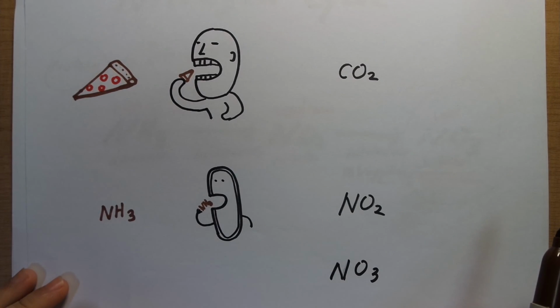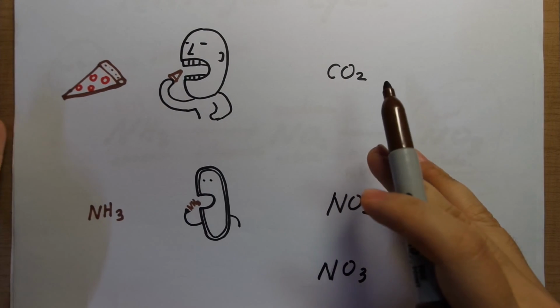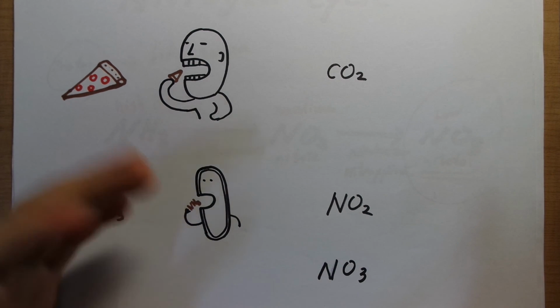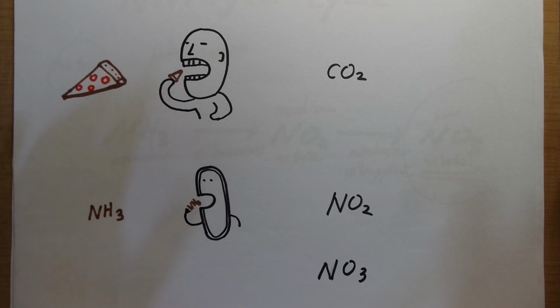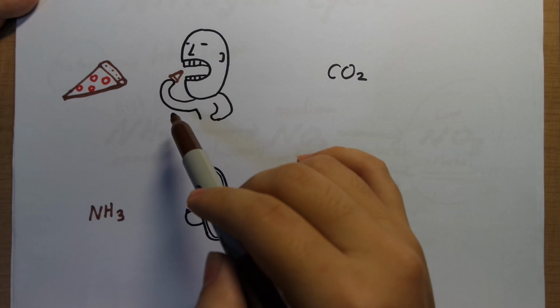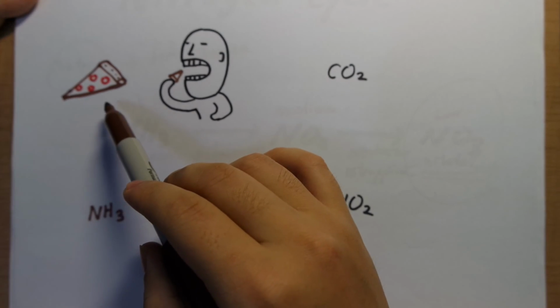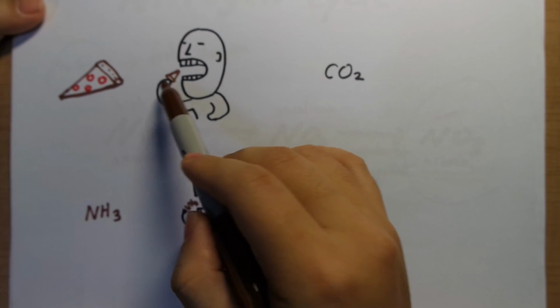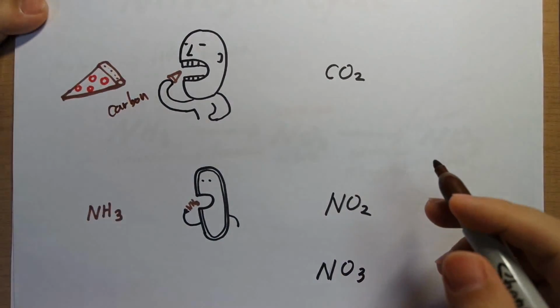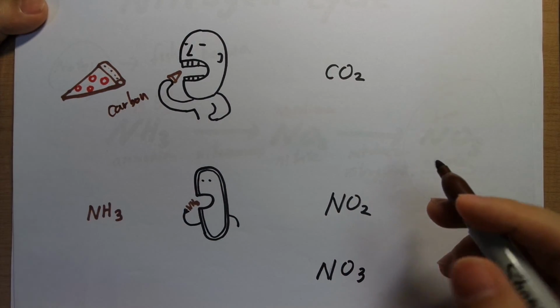And a lot of people understand how ammonia is converted into nitrate eventually, but people really don't understand why that is. What is the bacteria actually doing? What they're doing is basically eating the ammonia. So for humans, say we're eating a slice of pizza. The food goes in the form of carbon. Most of the energy that we derive is in the form of carbon.